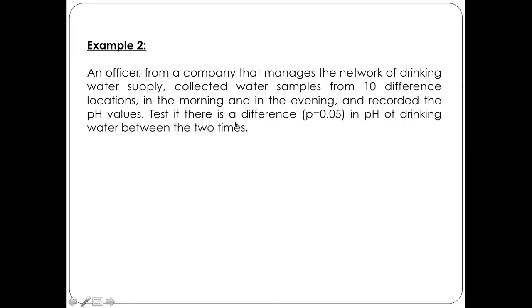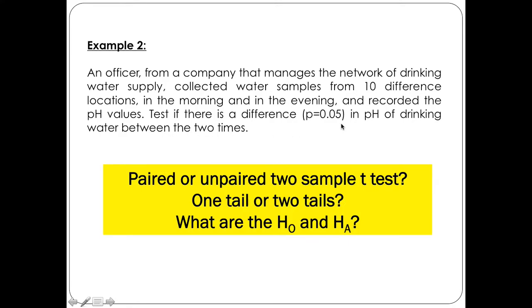Test if there is a difference, with a p-value of 0.05, in pH of drinking water between the two times. So now, is it a paired or unpaired two-sample t-test? Is it one tail or two tails? What are the null hypothesis and alternative hypothesis?